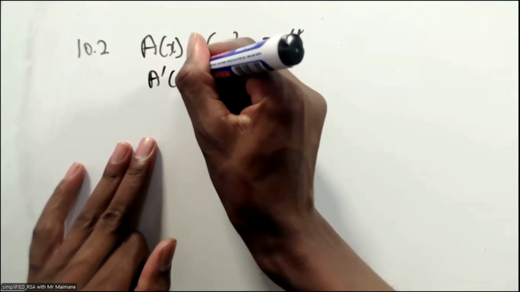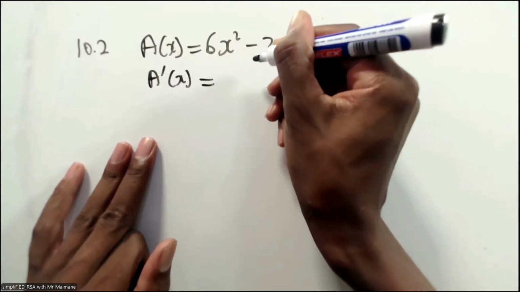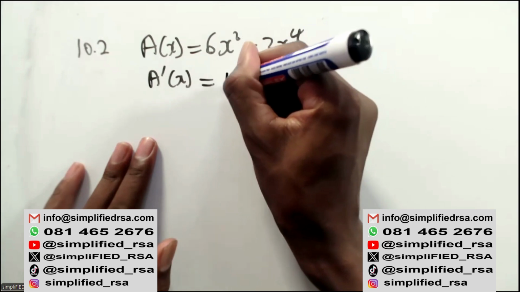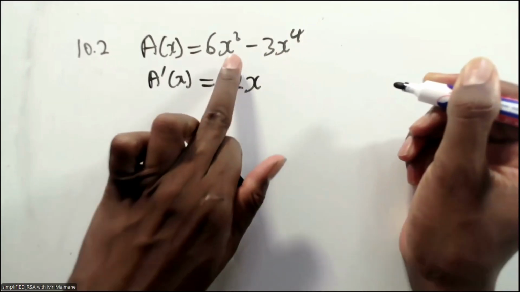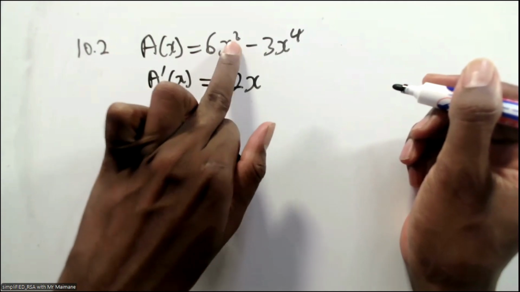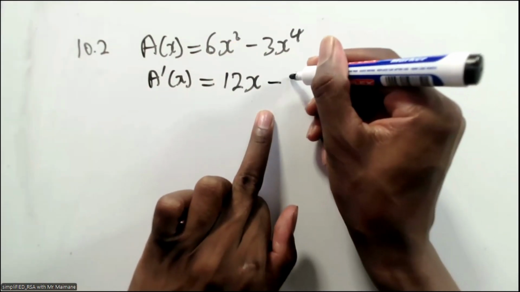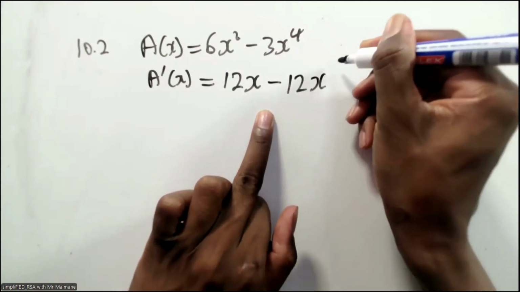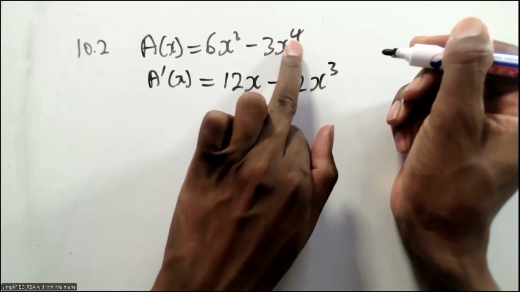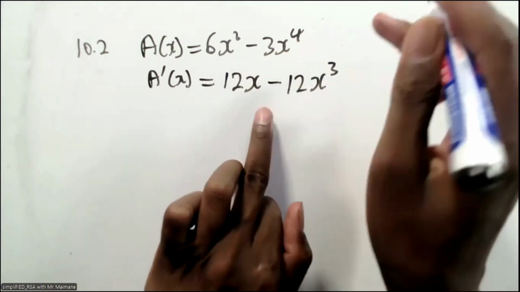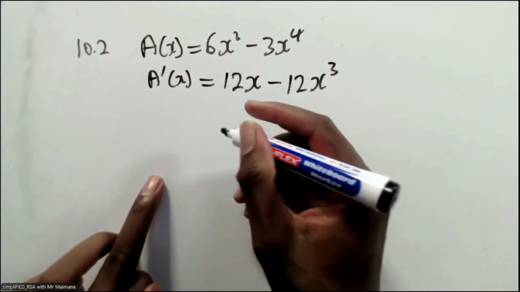So I will have A prime of x equals, if I differentiate this, 12x, because it's 6 times 2 and then 2 minus 1. Therefore, for this one, it's going to be minus 12x to the exponent 3, because it's 4 times 3 as well as 4 minus 1, the exponents. And then we get this expression here.